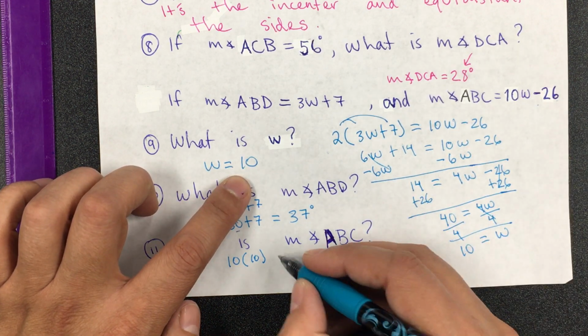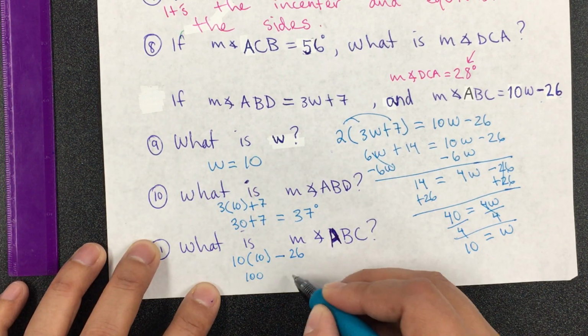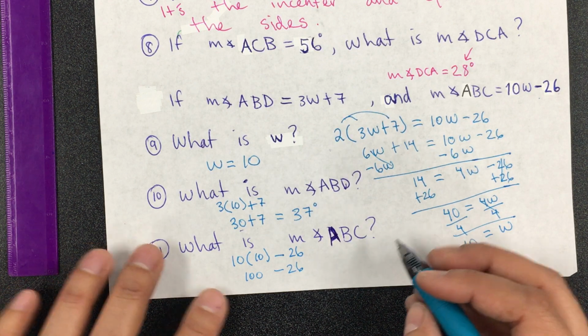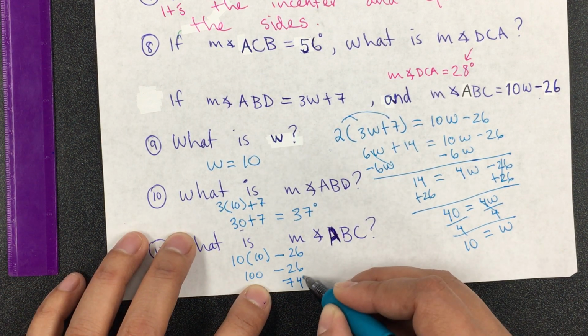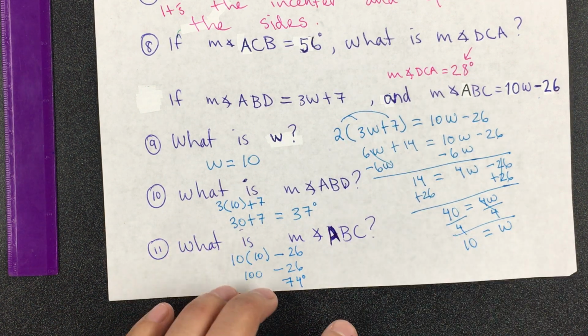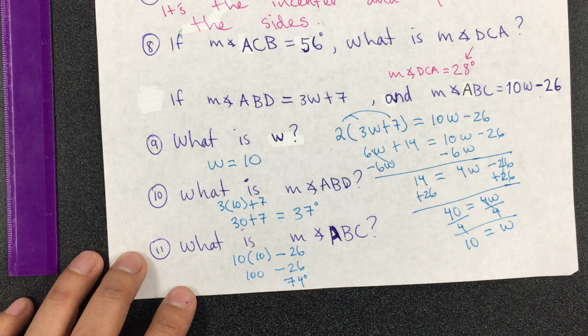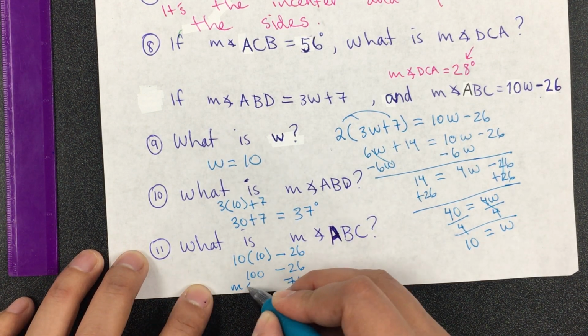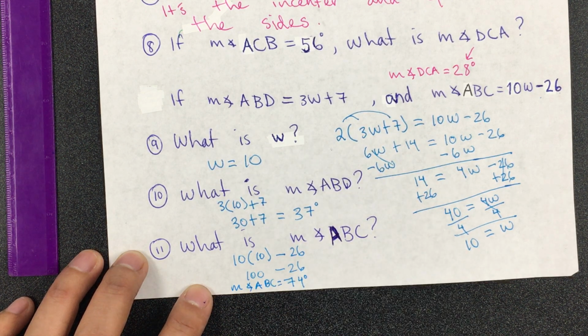So 10 times 10 minus 26. 10 times 10 is 100 minus 26, and that gives me 74 degrees. So measurement of angle ABC is equal to 74.